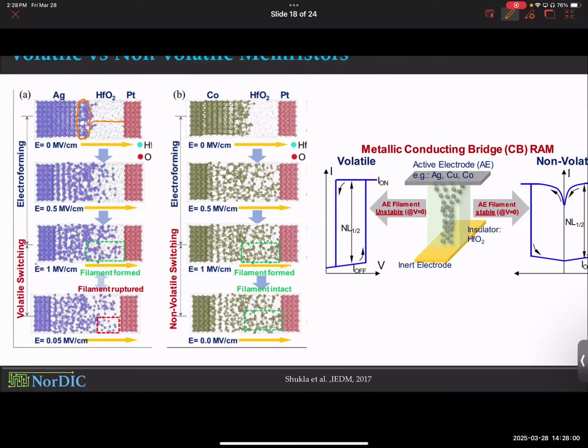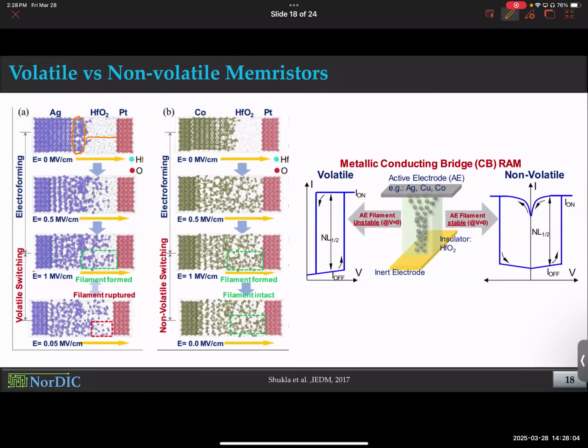Now this slide is supposed to tell you something else, not just the forming process. It's supposed to tell you that there is a difference in the hysteresis. What is hysteresis? This cyclic IV that you saw, we just call it hysteresis. There is a difference in hysteresis that we observe in certain memristors. Notice this one, cobalt, hafnia, platinum.